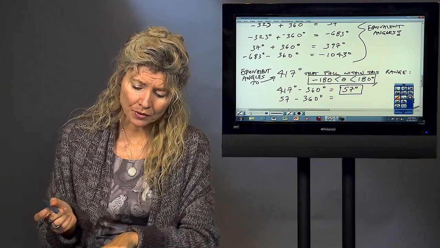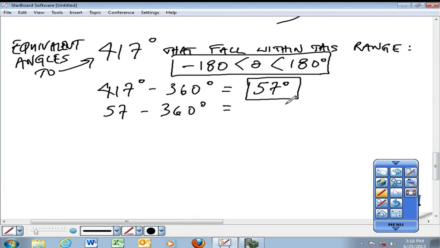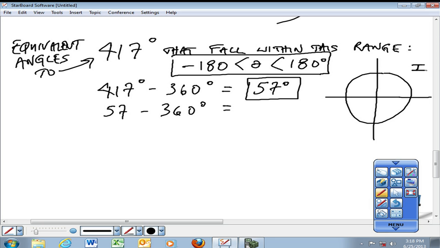So if we're here at 57 degrees, we know that 57 degrees is one equivalent angle. It doesn't hurt, even if your book doesn't tell you to do this, to draw yourself the quadrants: 1, 2, 3, and 4.